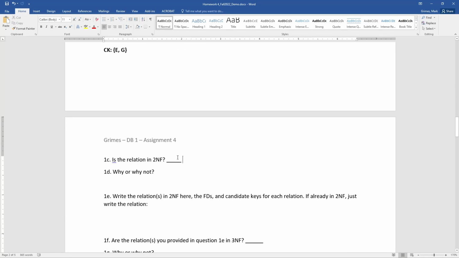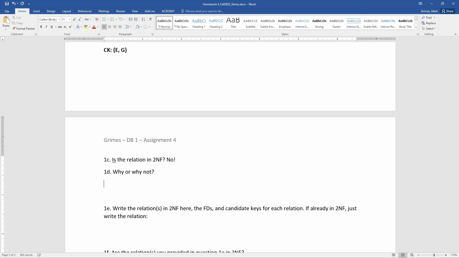So is this relation in second normal form? No. Why or why not? Because FD2, E determines D, is a partial dependency. So we are not in second normal form.